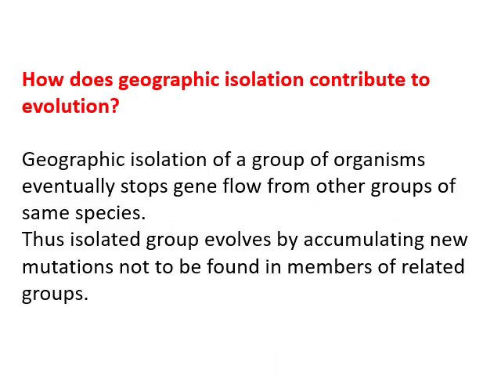How do geographic barriers or geographic isolation contribute to evolution? Geographic isolation of a group of similar organisms eventually stops gene flow from one group to another of the same species due to the presence of these barriers.